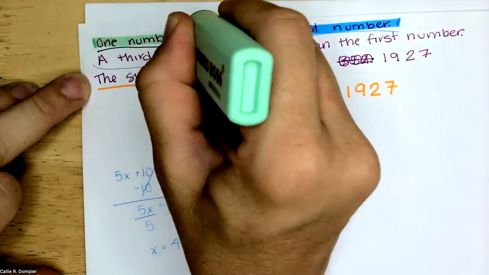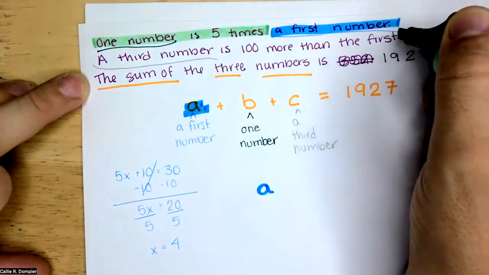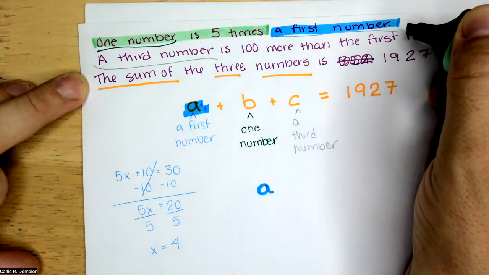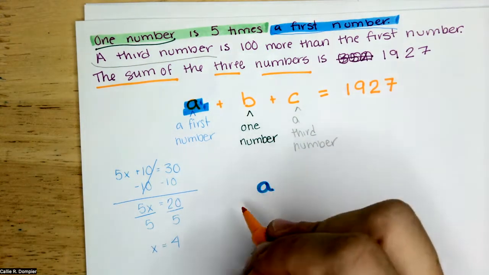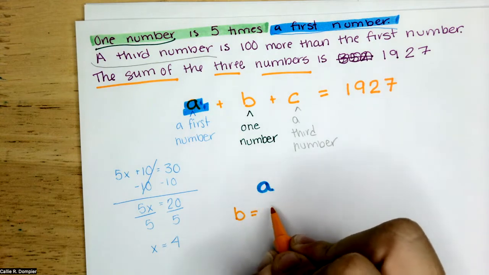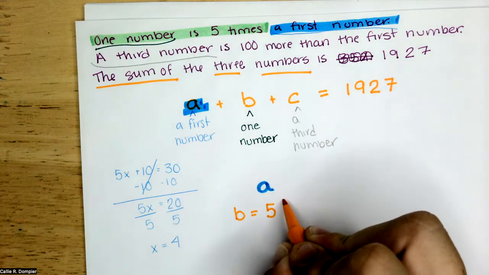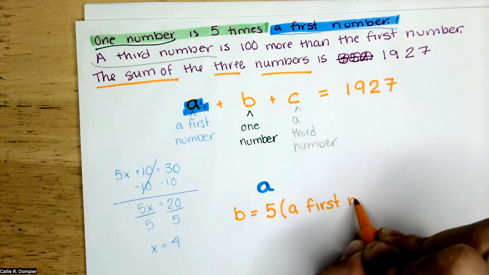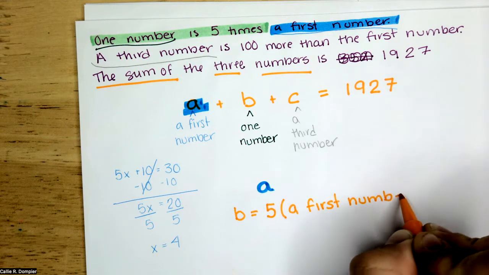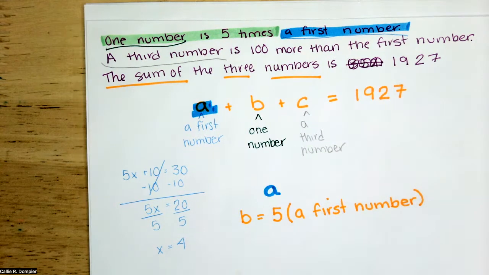One number is 5 times a first number. So B becomes 5 times a first number. 5 times means we're multiplying, right? What letter did we give to a first number?